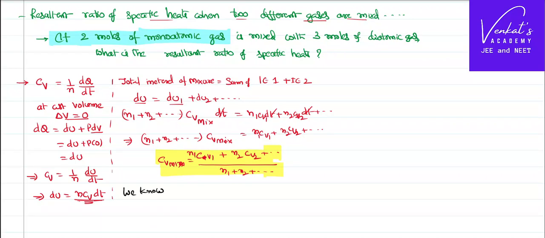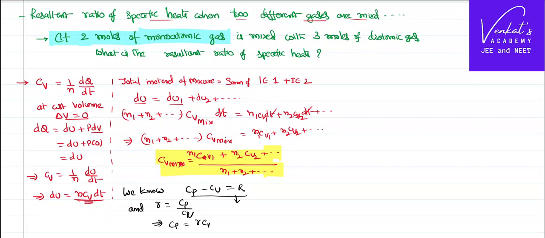We know the relation between Cp and Cv is Cp minus Cv equal to R. And we also know gamma is the ratio of specific heats, that is Cp by Cv. That implies in the place of Cp, I can write gamma into Cv.